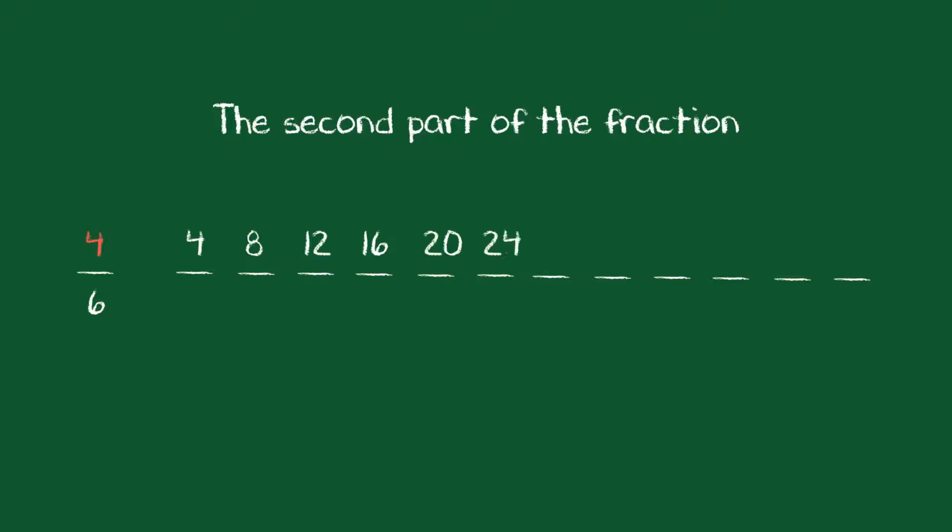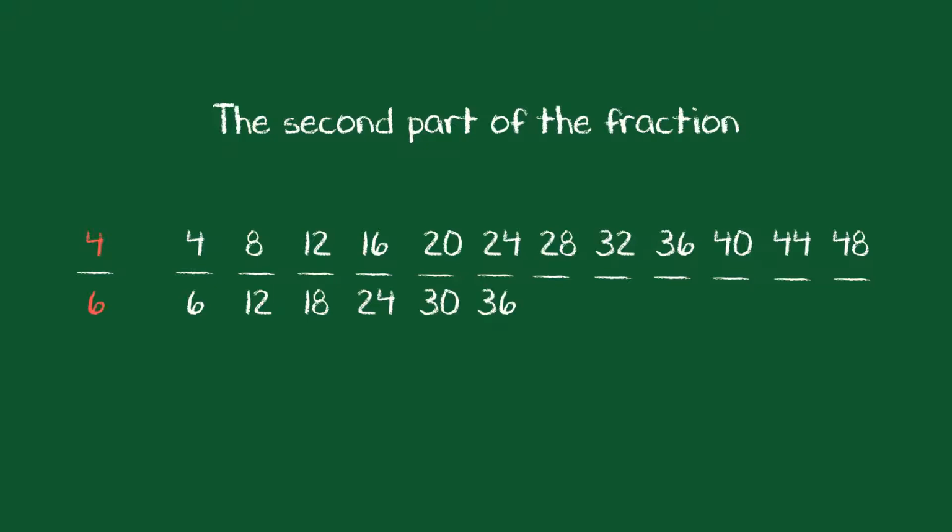The second part of the fraction, 4/6. The 4: 4, 8, 12, 16, 20, 24, 28, 32, 36, 40, 44, 48. The 6: 6, 12, 18, 24, 30, 36, 42, 48, 54, 60, 66, 72.